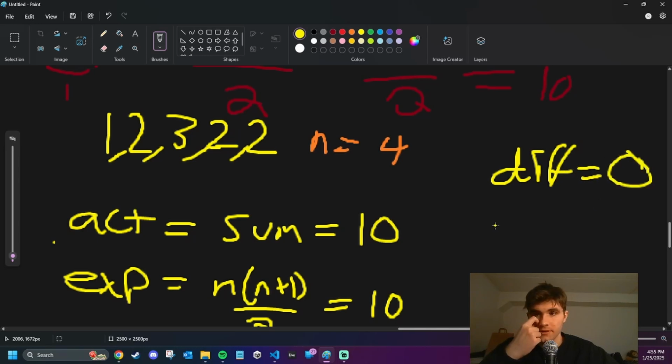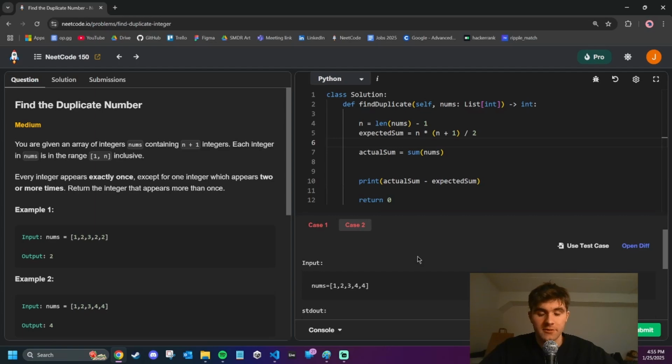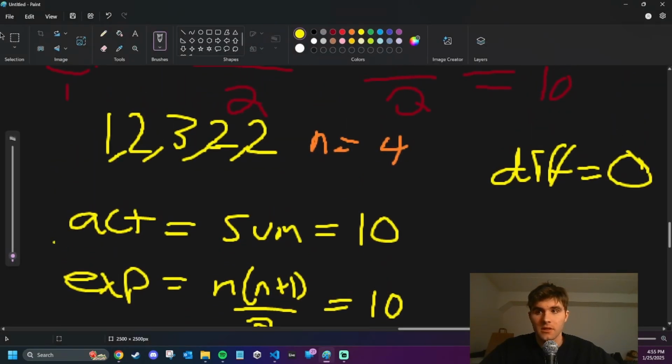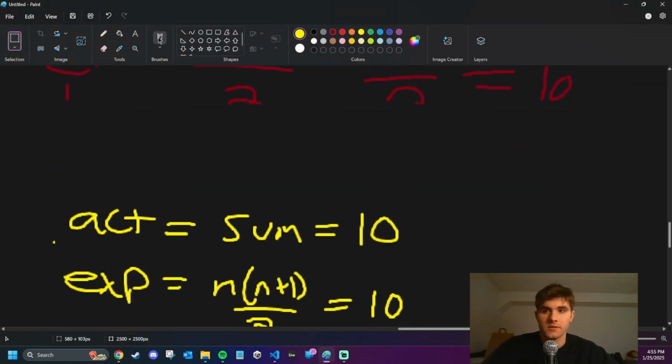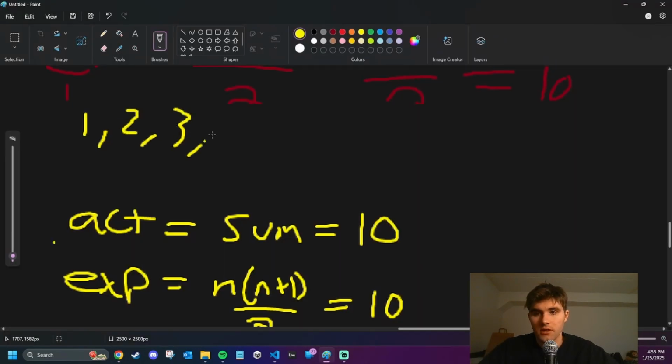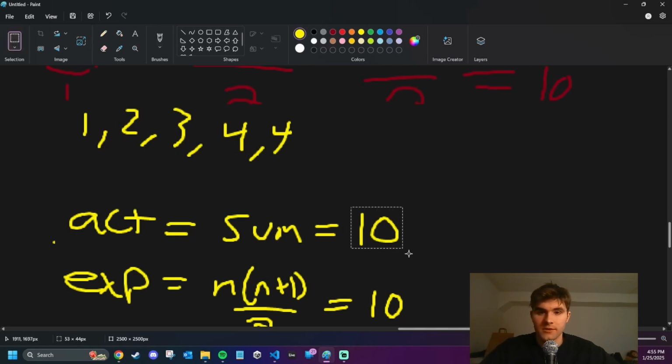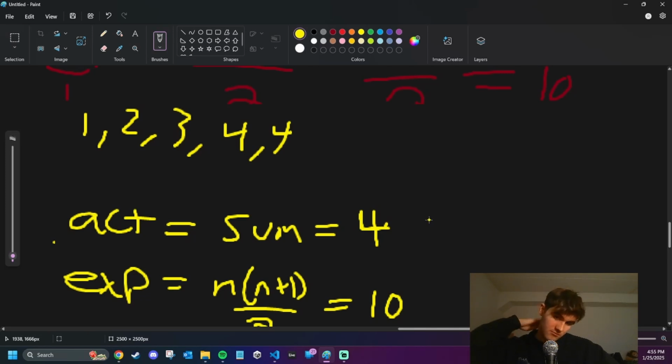So if the difference, let's do the other example first, and then we'll come back to this, because that one's a little harder. So I'm going to try to draw out a table. So it's 1, 2, 3, 4, 4. So here, the actual sum is 14. Right, the actual sum is 14.